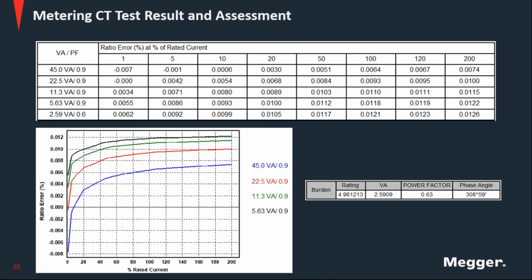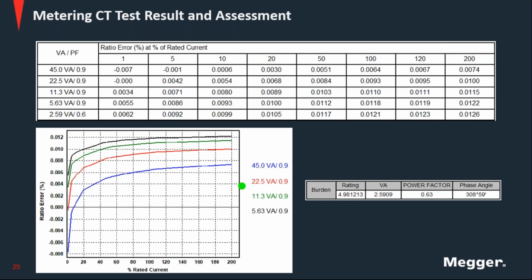So the purpose is, as we saw from one of the graphics before, that the rating or the class or the performance of the instrument transformer remains constant, remains linear or identical throughout a range. And that's what we can see in the graphical representation of this table in these curves here.